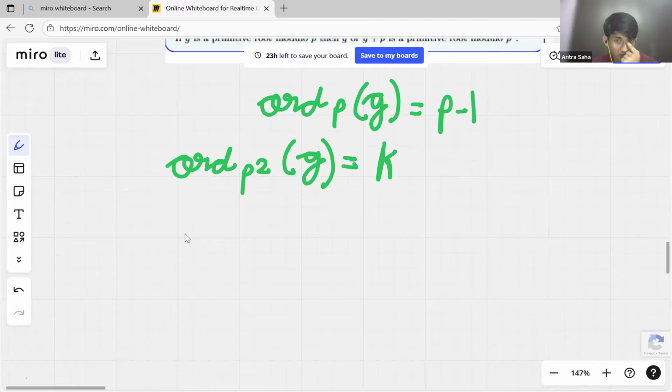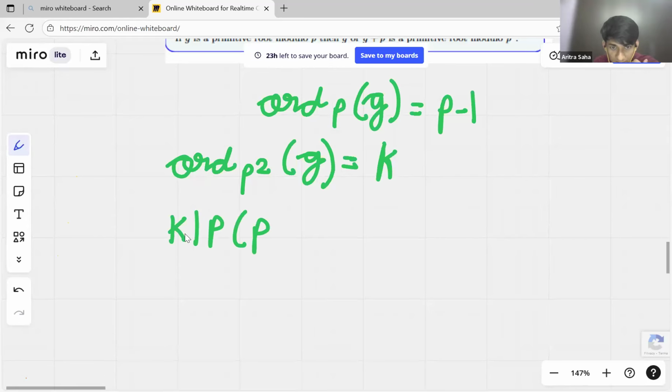Like k should equal either p minus 1 or p into p minus 1. That is what I'm trying to prove. Yes, so k divides p into p minus 1.